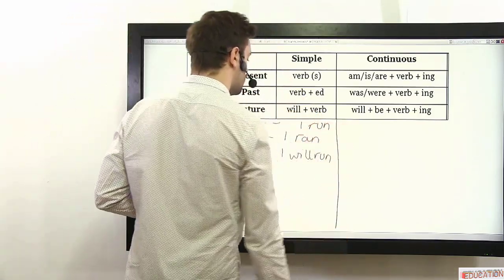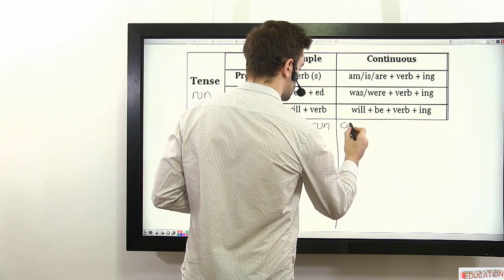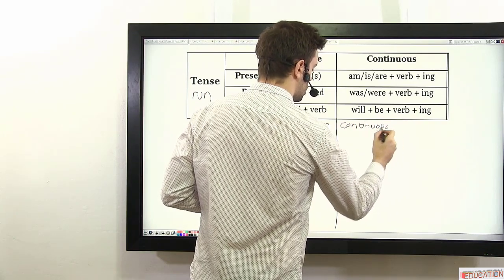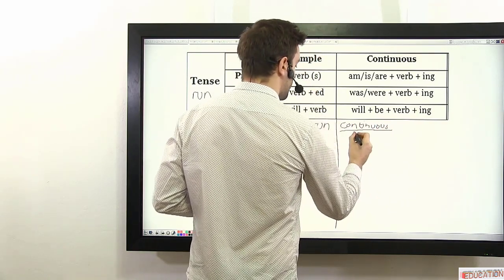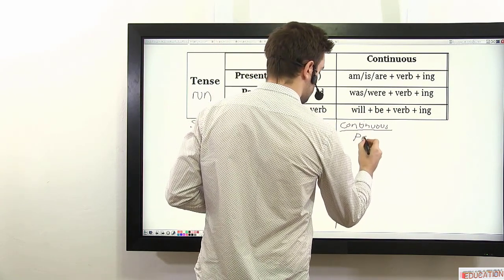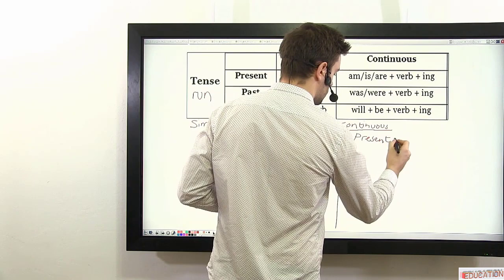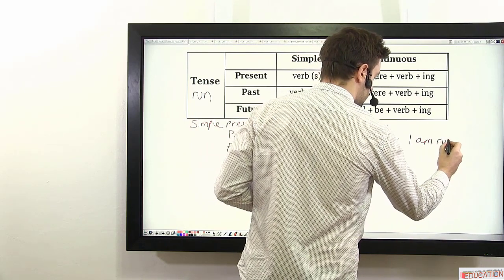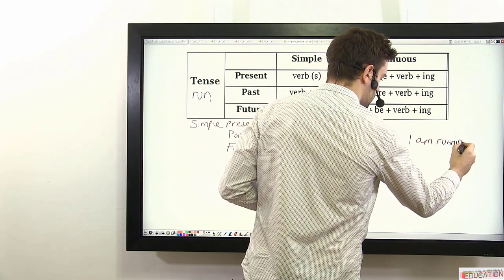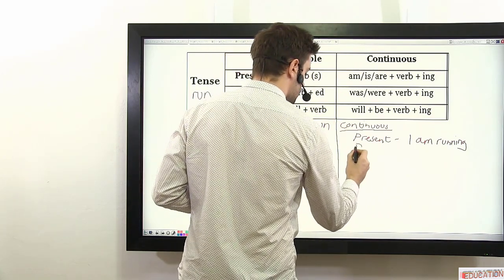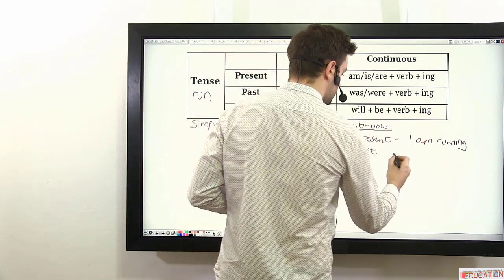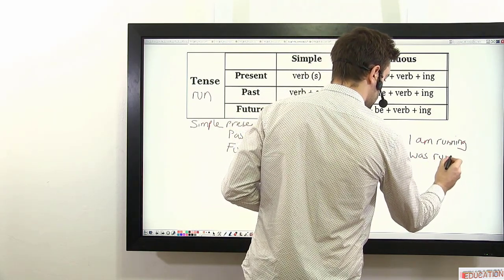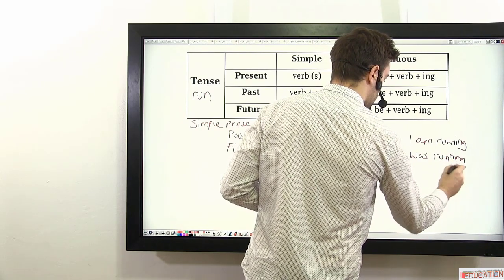Continuous. If we use the present continuous, I am running. Past, I was running.